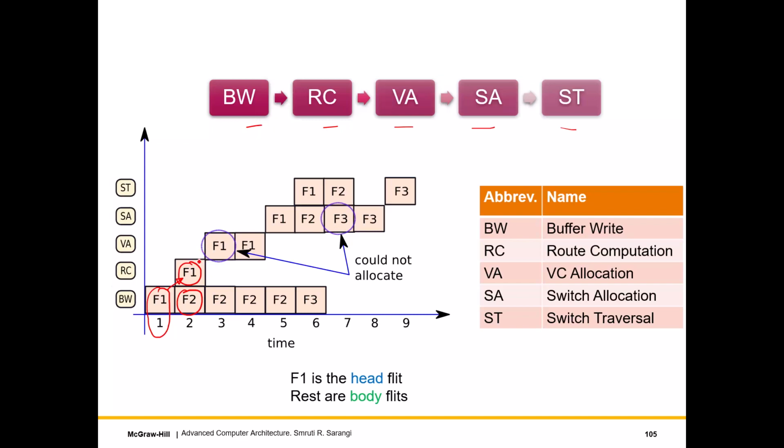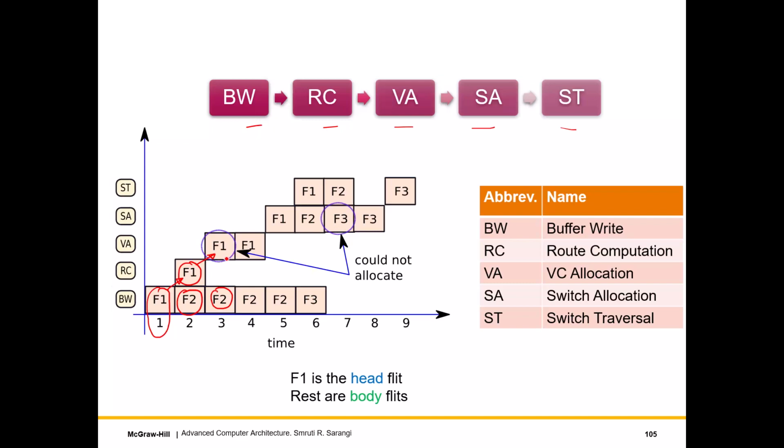After that, we go to the virtual channel allocate stage, where some stalling could happen. F1 is there in the virtual channel allocate stage. F2, however, will not move to route compute, it will stay in the buffer write, in the sense that the buffer has been written, but the flit is staying there, mainly because its head flit has not progressed.